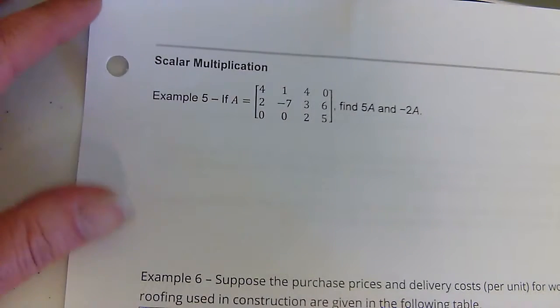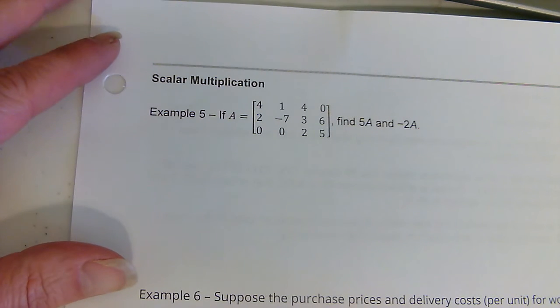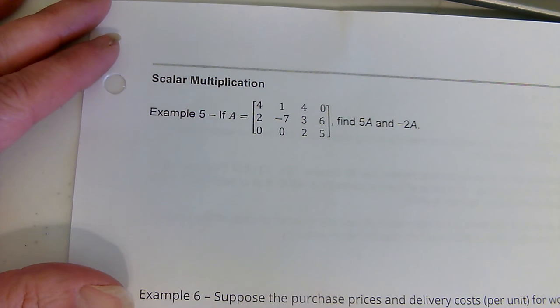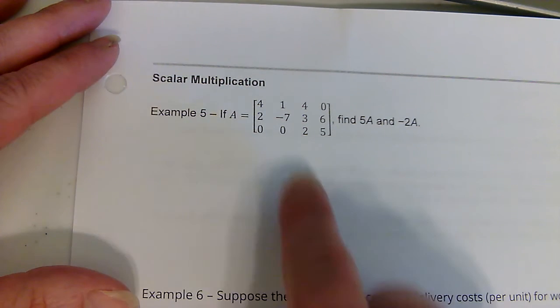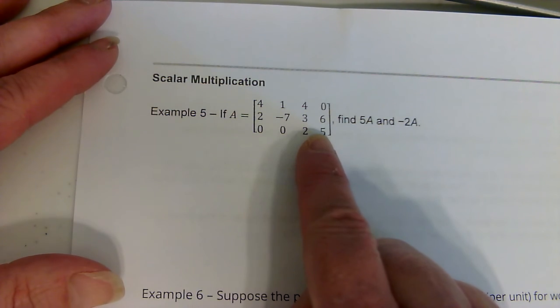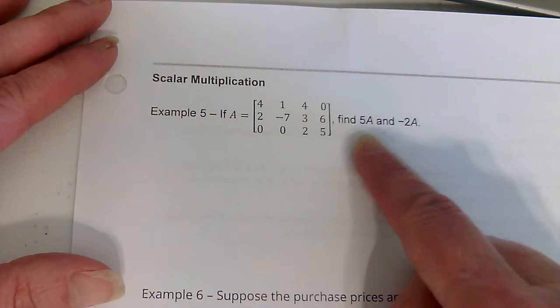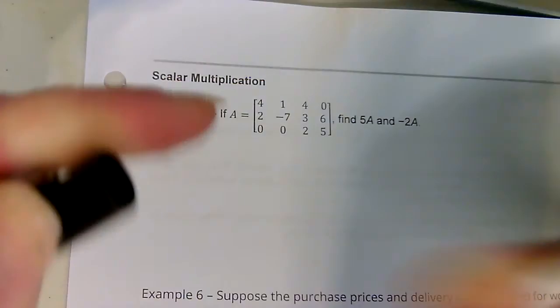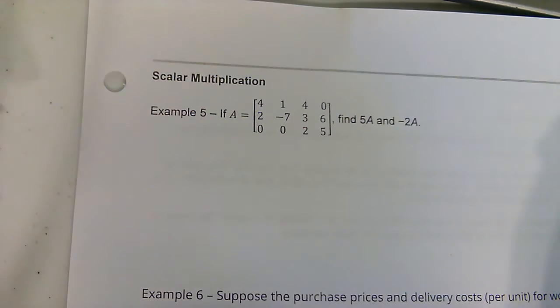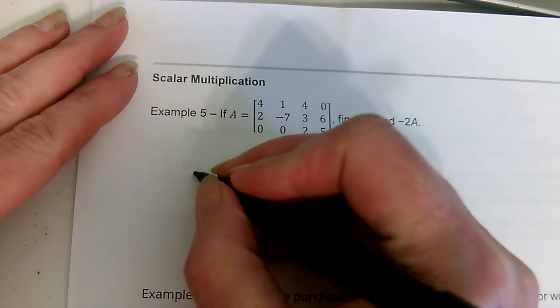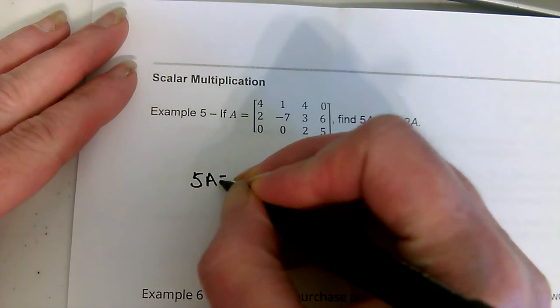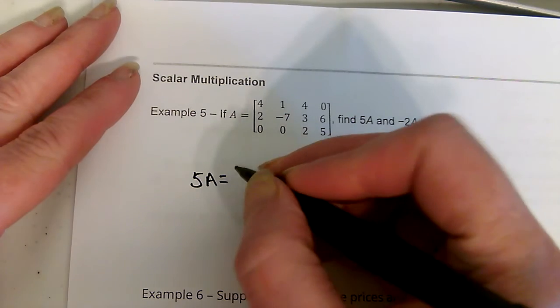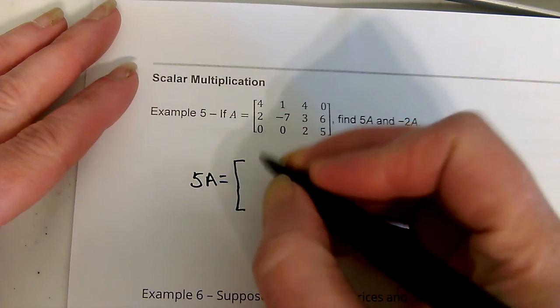Let's look at scalar multiplication. And scalar, all that means is we're multiplying by a number. So if this is matrix A, and we're wanting to find 5A, well, that just means I'm going to take everything in A and multiply it by 5. Distribute it. This can also be done in the calculator, but this one's pretty easy.